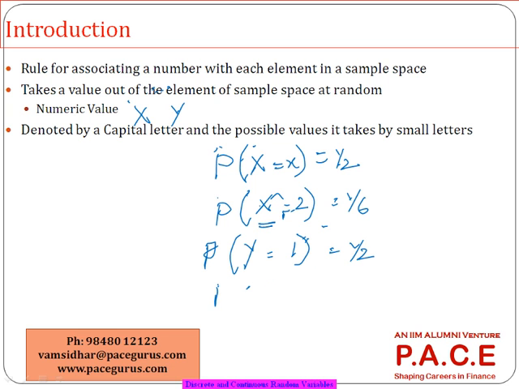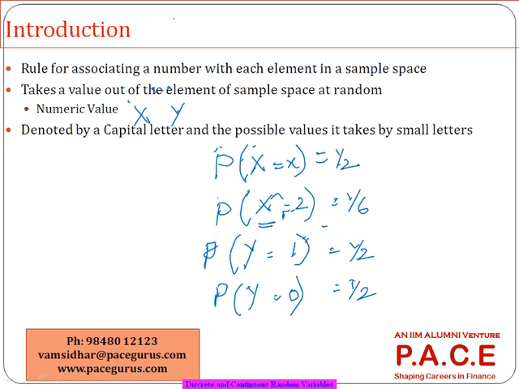The probability that it takes 0 heads, because I have defined the event as getting a head, is also 1 by 2. So that is how we define what is associated with a random variable and how I represent the probability associated with the random variable.